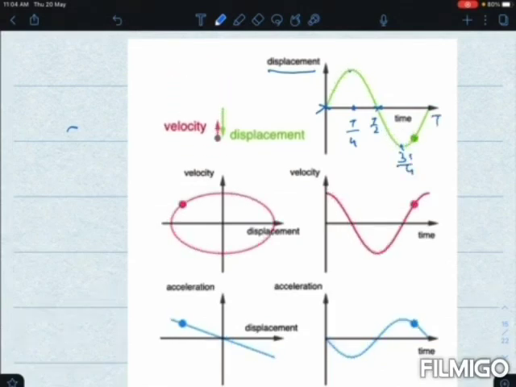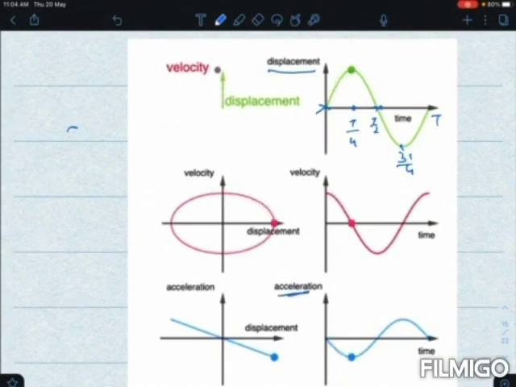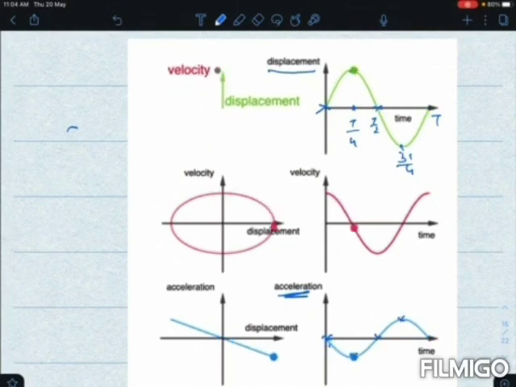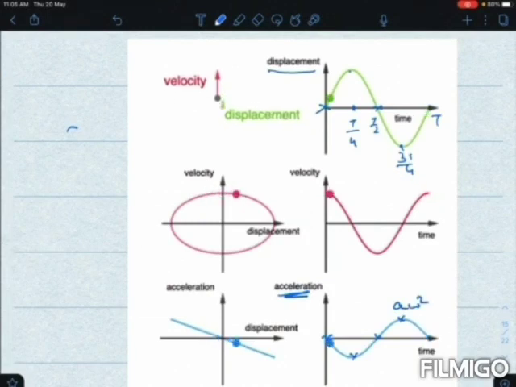It's a sine curve. As against acceleration, just concentrate here. You can see that it is a sine wave in the opposite direction. It starts with 0, minus A omega square, then 0, then maximum A omega square, and then coming back to 0.